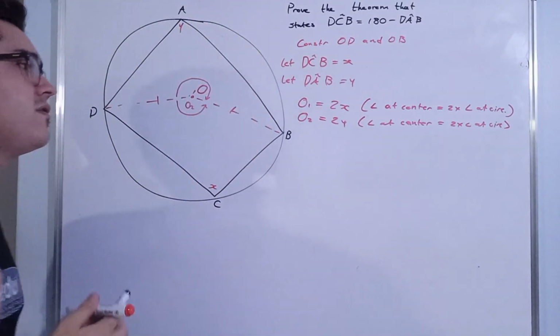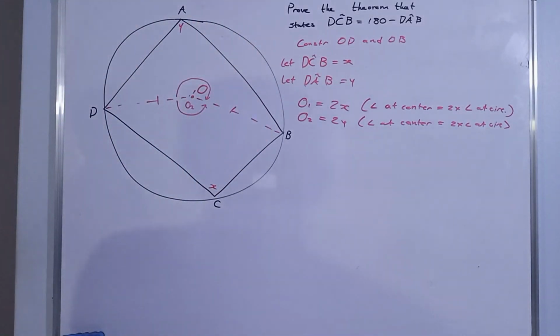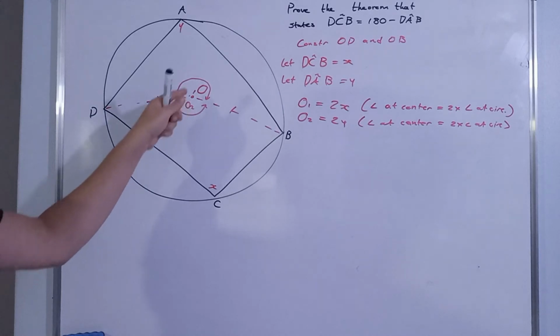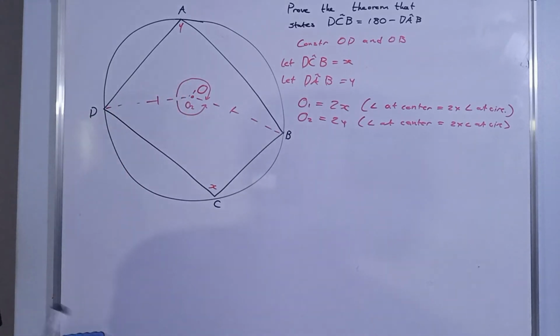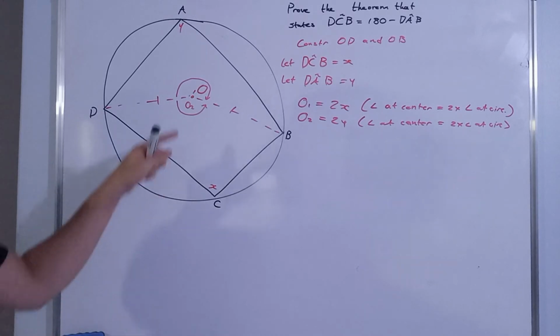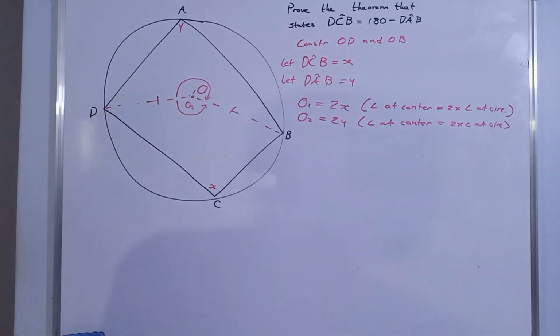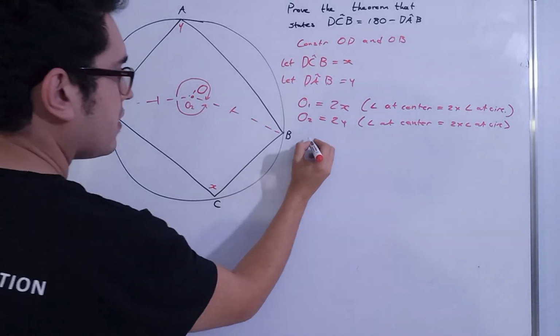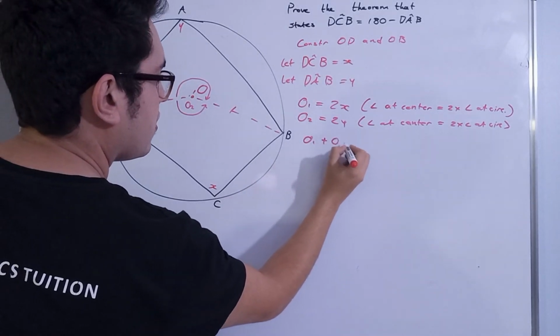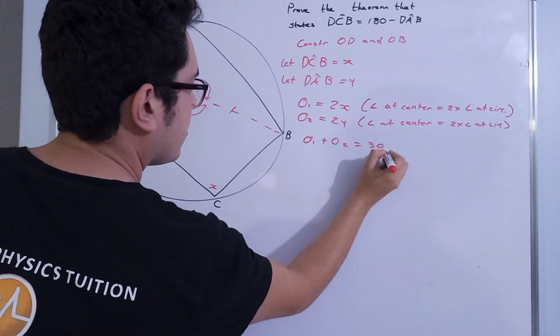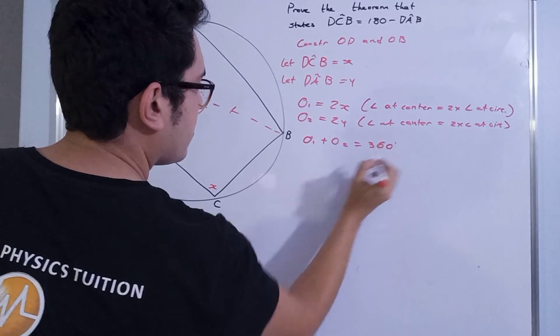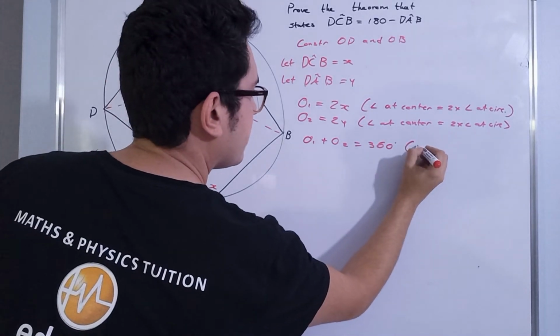Now that we've got that, let's consider that angles O1 and O2 are angles around a point, which is the theorem for a revolution. O1 and O2 therefore add up to 360. Reason being, angles around a point.